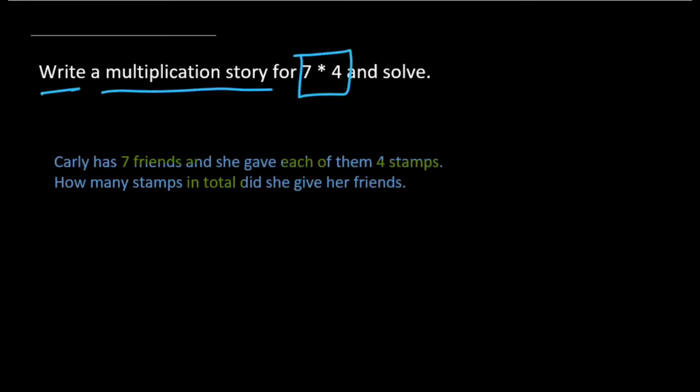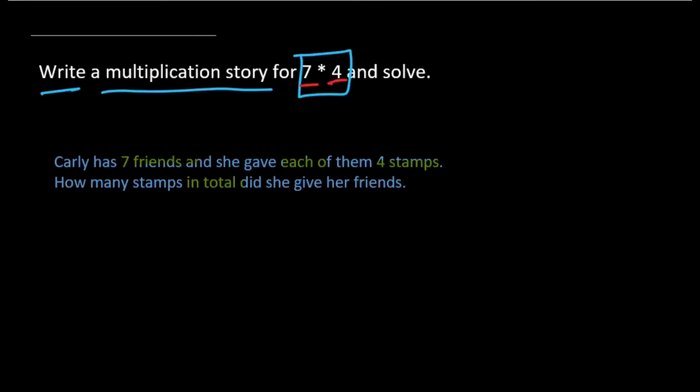That does define 7 times 4, because Carly has 7 friends, that's the first number, and she gave each of them 4 stamps. The word problem does define the problem up here.